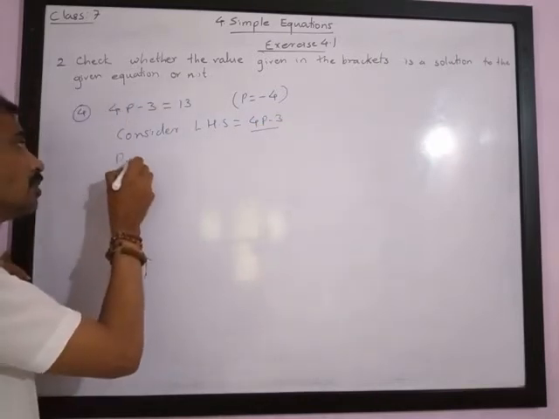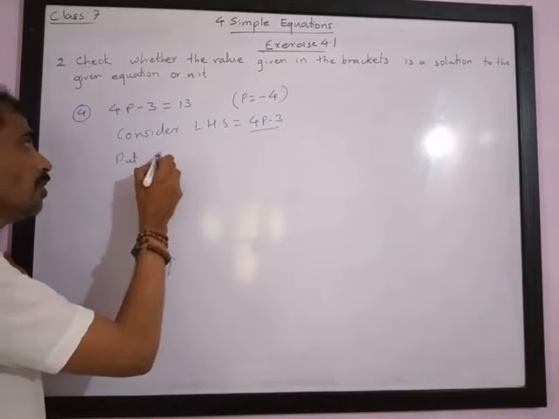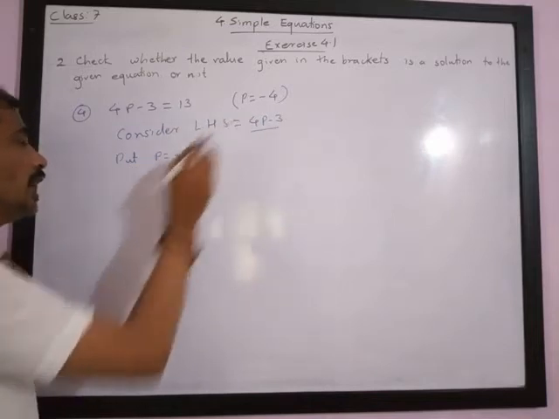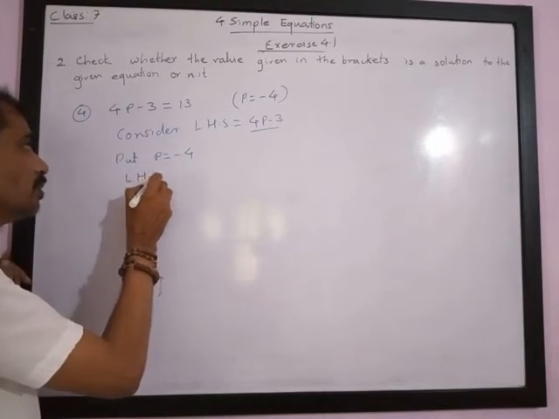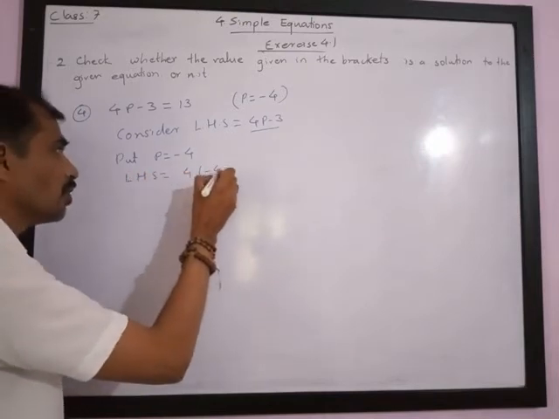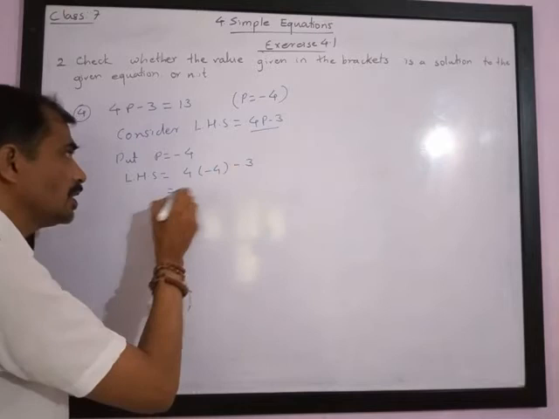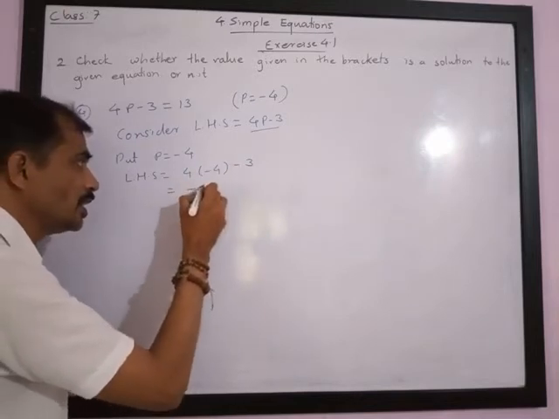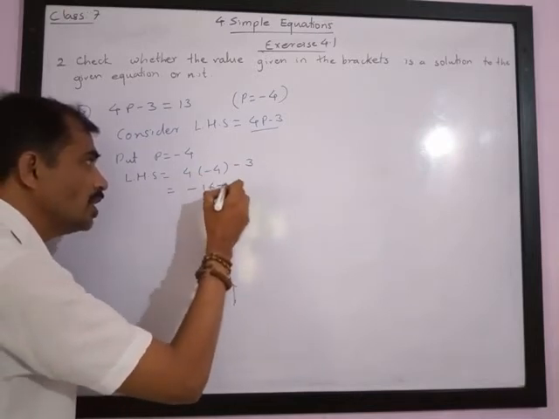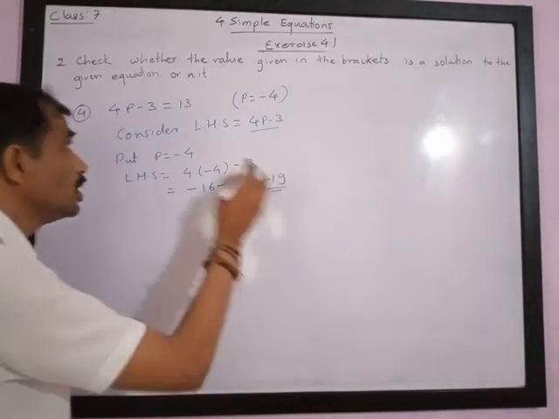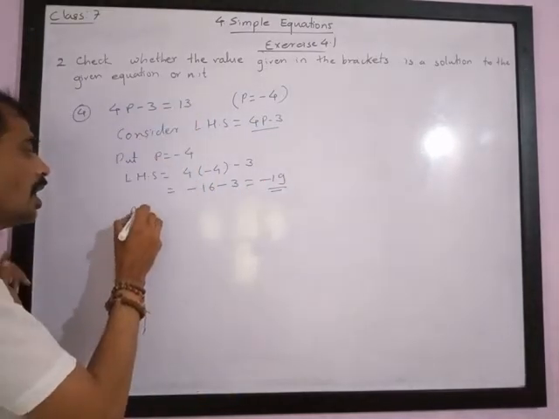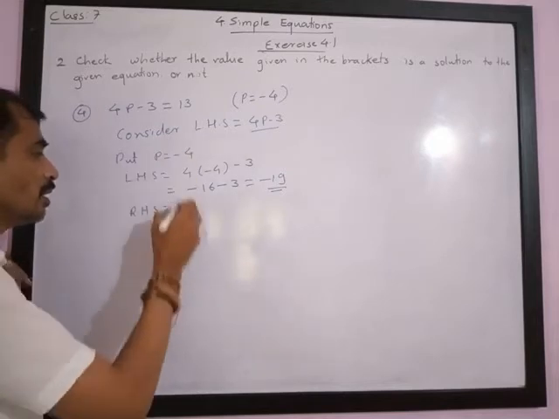Now put p equal to minus 4. So you will get the answer. Left hand side is equal to 4 into minus 4 minus 3. This is equal to 4 4s are 16, but it will be negative 16, negative 3. That is equal to negative 19. Now RHS is 13.